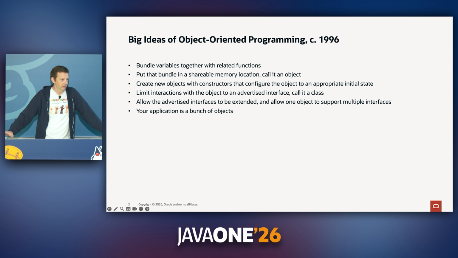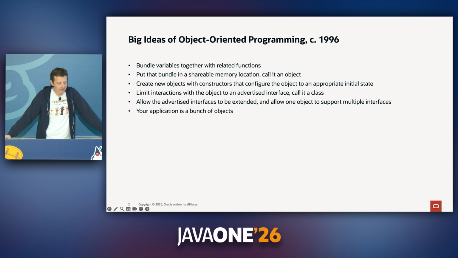Let's just talk about objects. So if I put myself in the shoes of developers in the 90s when Java was launched, to me, these are the key big ideas of object-oriented programming that everybody was ready to adopt then, and Java arrived and it was free and on the internet, and everybody ran with it.